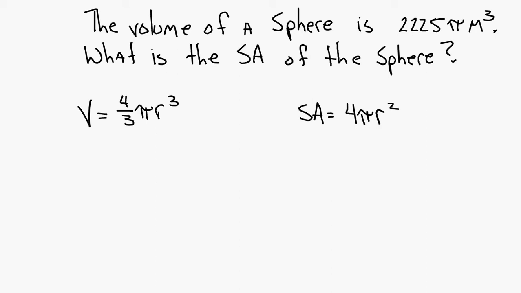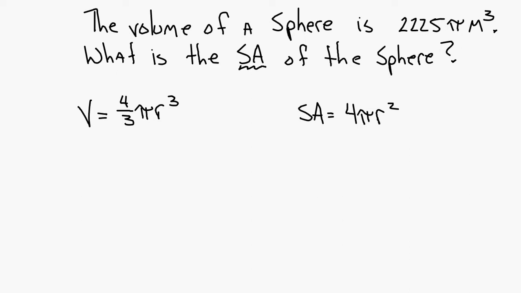So what do we need to find surface area? You need the radius, don't you? But all you're given is the volume, so don't you set the volume equal to the volume formula? Yeah. And you solve for the radius.